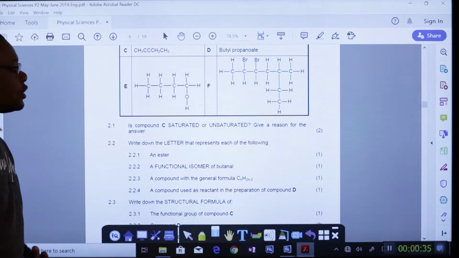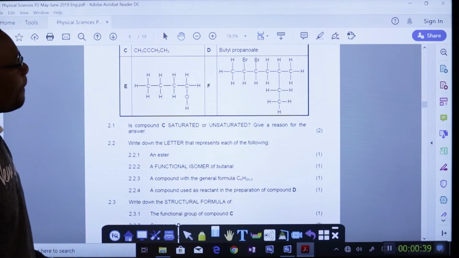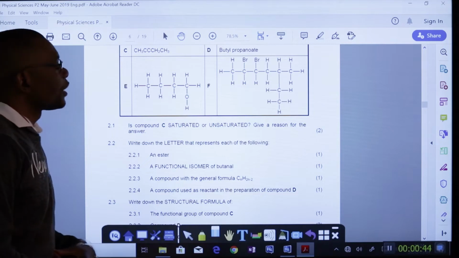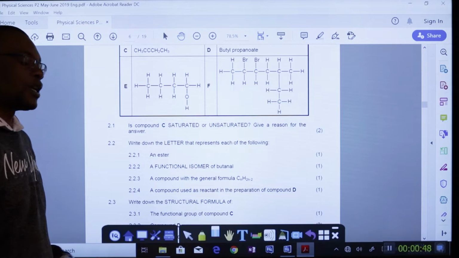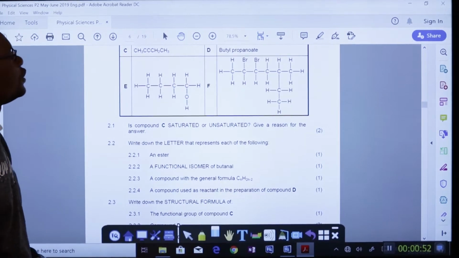In our previous sessions, we took our time to explain the basic concepts behind the theories of the different sections under matter and materials, and chemical change.